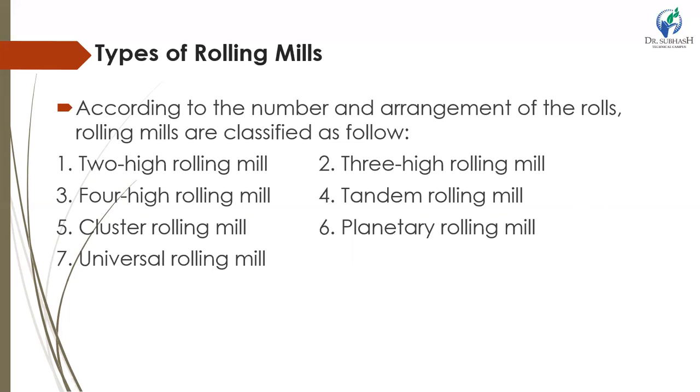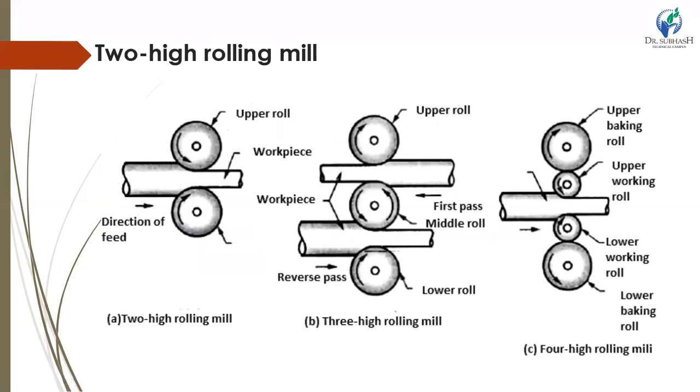So let's start with our first rolling mill, the two high rolling mill. In this diagram, the figure shows 1, 2 and 3 different rolling mills. First, we will focus on figure A. Figure A is a two high rolling mill.